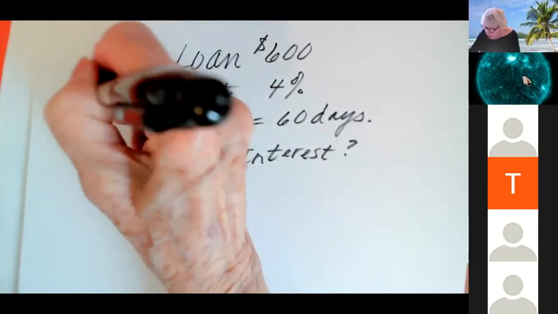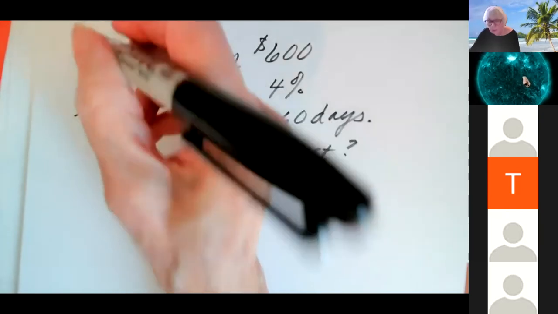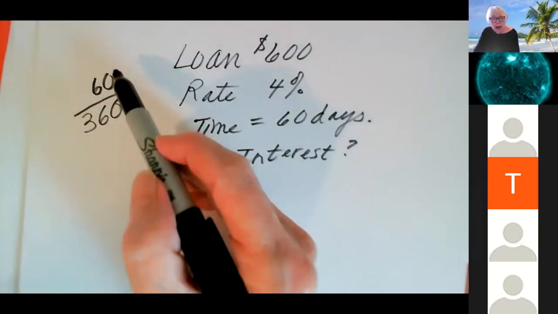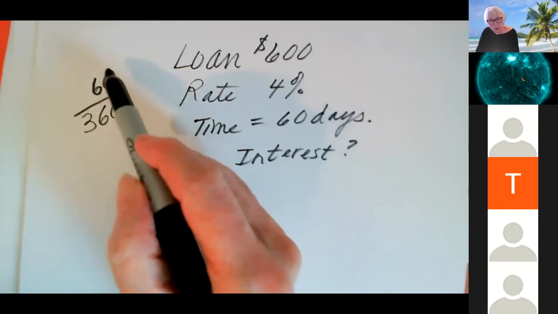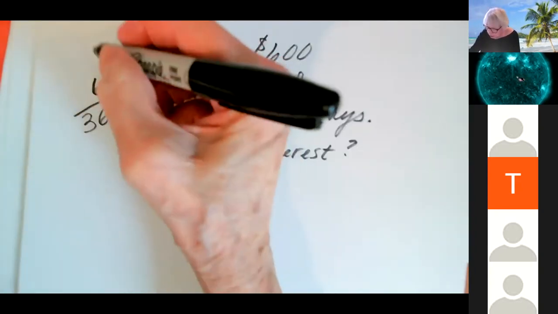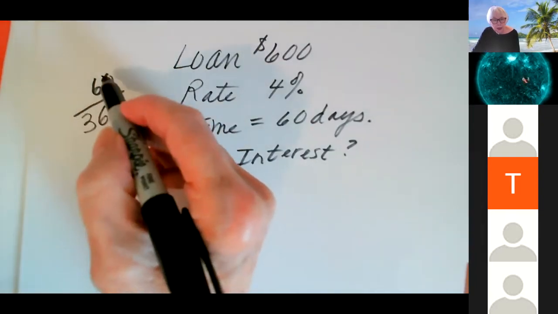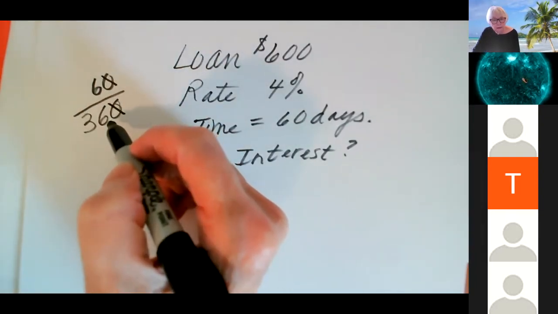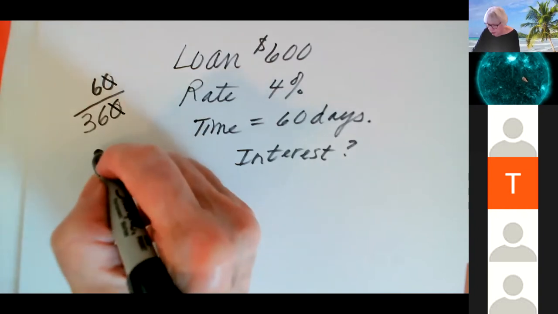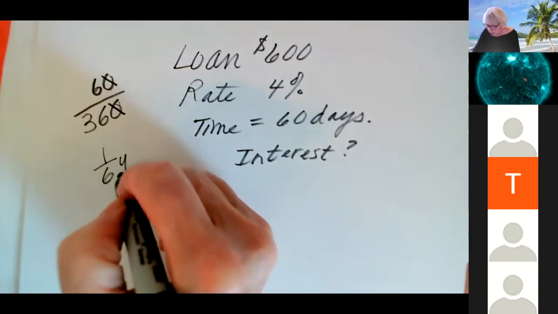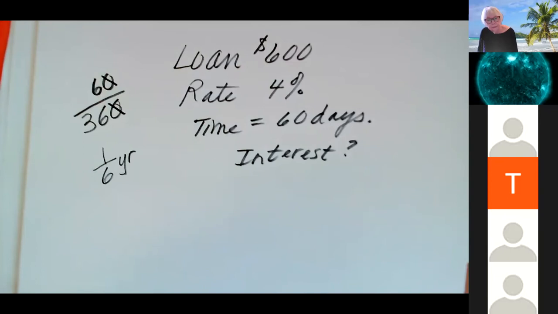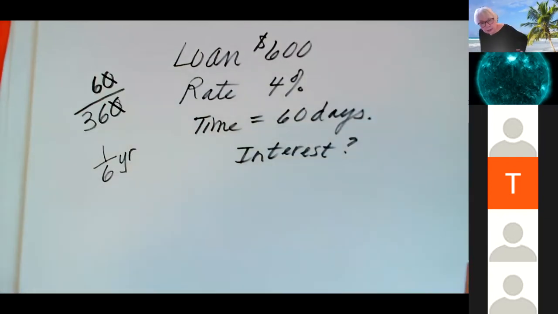If you do 60 days out of the 360, this is why they use 360. You could cancel this down, and 6 into 36 is 6, so it's 1/6 of a year. Okay. So this may mean we can do this calculation by hand.